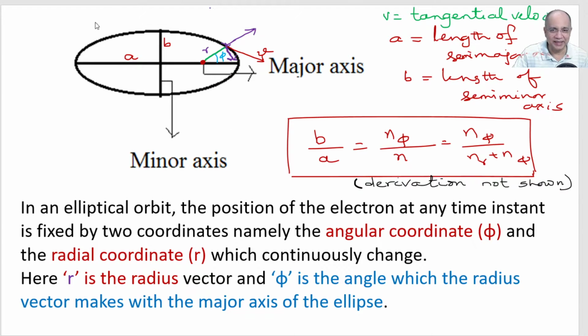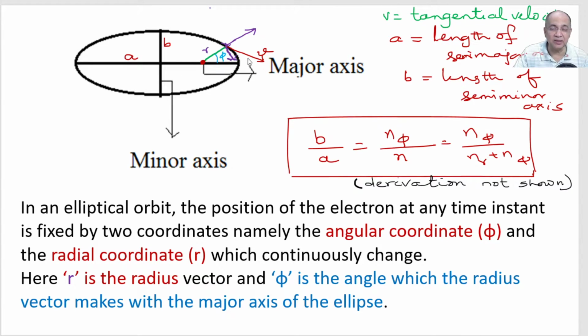Now see, this is an elliptical orbit and the nucleus is situated at one of the foci. This is one focus. There is another focus here. Supposing the nucleus is here and the electron is moving clockwise at this point. This is the tangential velocity. The tangent at this point will represent a velocity vector that is called the tangential velocity.